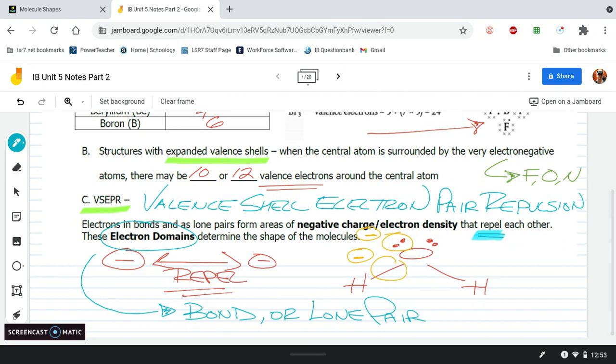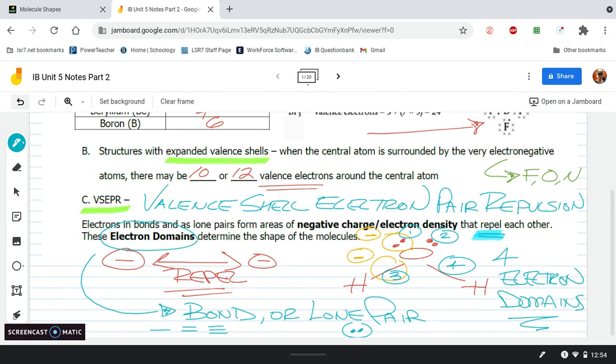So it can be a bond, so like a single, a double, or a triple, or it can be a lone pair. So if I look at water here, it has 1, 2, 3, 4 areas that are either bonds or lone pairs. So it actually would have 4 electron domains.